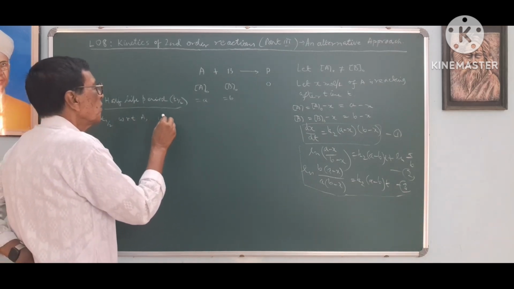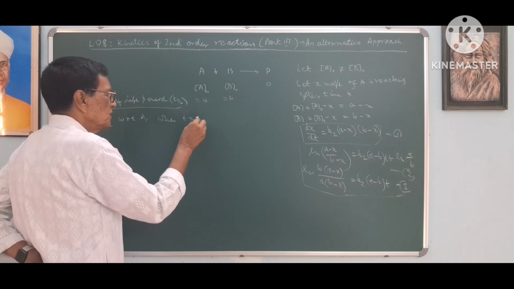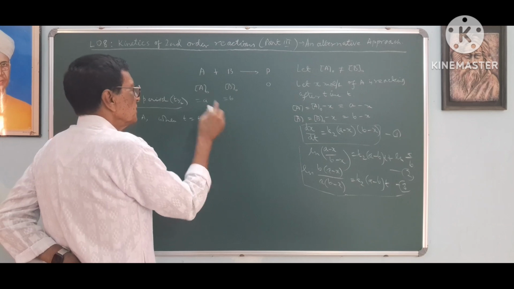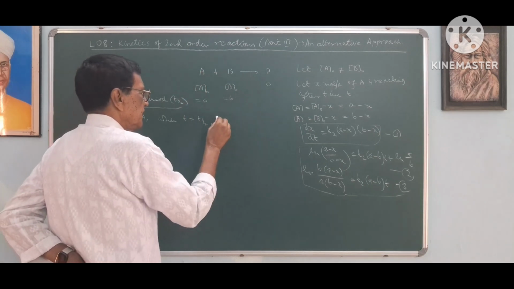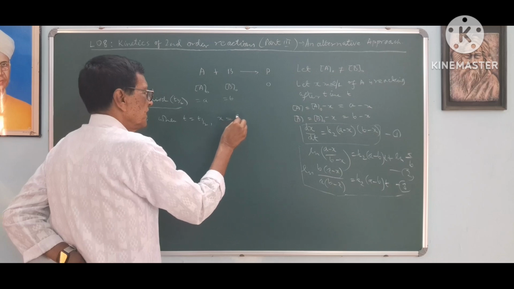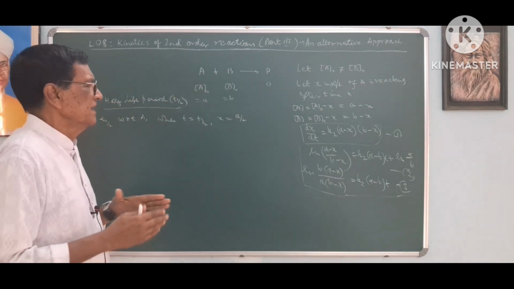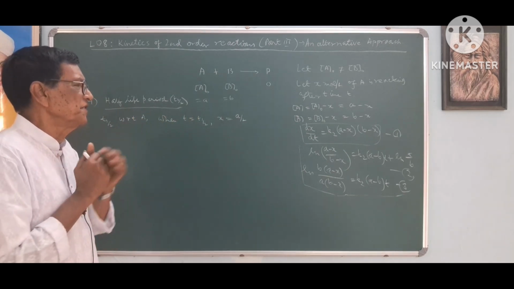So in this condition, when t equals t half, X equals A by 2. Half of this A has reacted within this time t half.